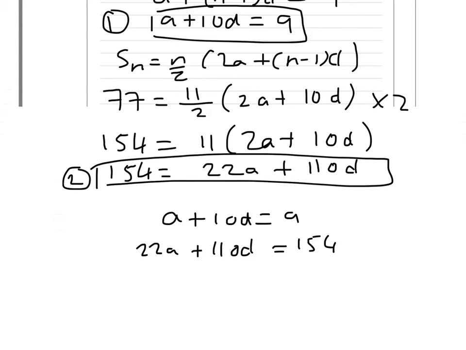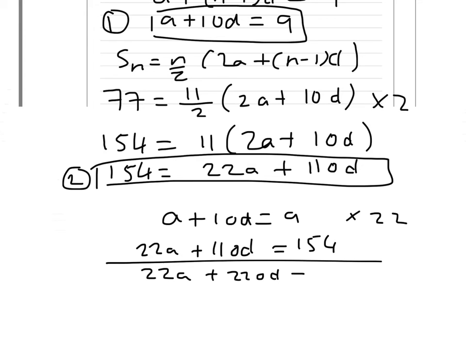I'm going to try and make the a's the same, so I'll multiply by 22. So 22a plus 220d will equal 9 times 22, which is 198, and 22a plus 110d is 154.